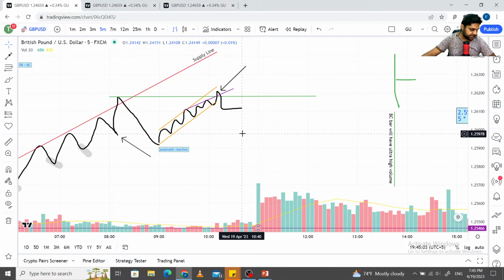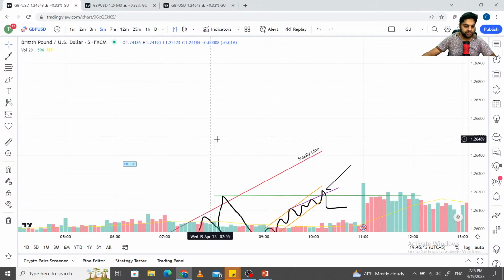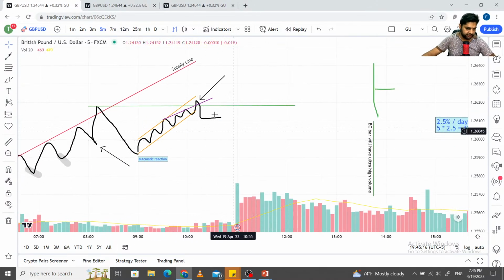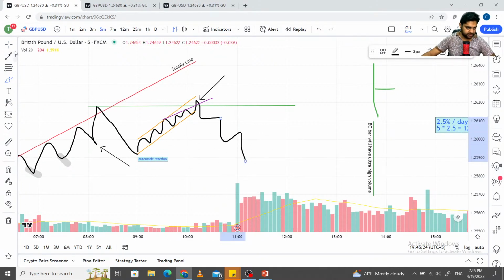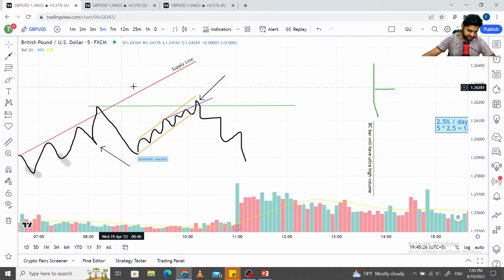Sharma ji is asking, sir, in a long trade, the lower highs change, then how to draw the trend channel, from the peak, the low, or are there some rules? Okay, so Sharma ji, the downtrend channel we will discuss right now. Okay, don't worry about that. So what happens then? The market goes down and then up and then goes down. So how do we draw the trend channel?